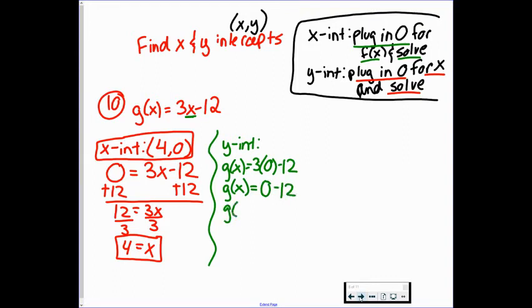And 0 minus 12 is negative 12. So for our y-intercept, 0 was what I plugged in for x. And when I solved, we got negative 12 for the y. So that's how you find the x and y intercept for that equation.